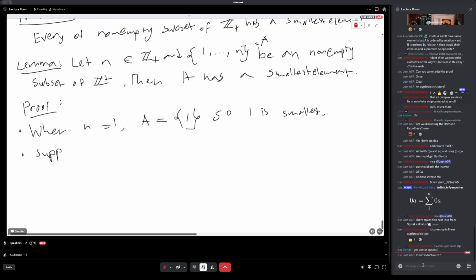Suppose this holds for 1 through n. Now we will show that it also holds for n plus 1. Basically, we are proving this by induction.